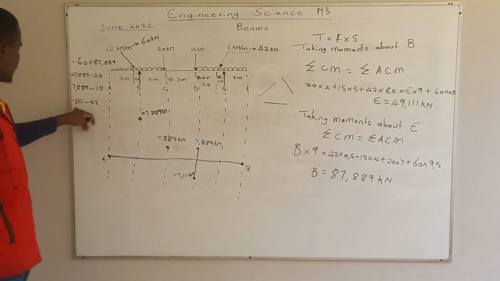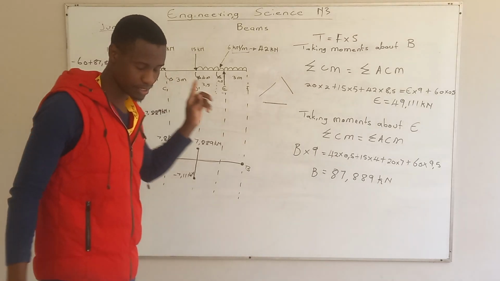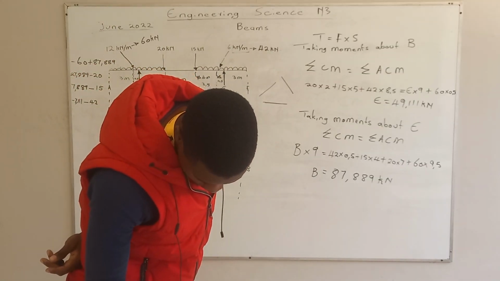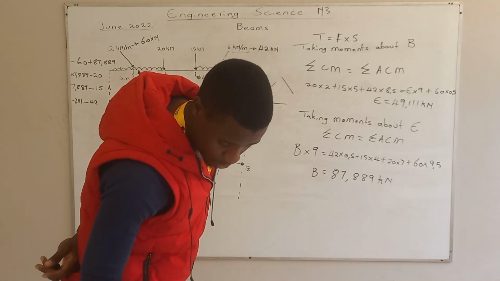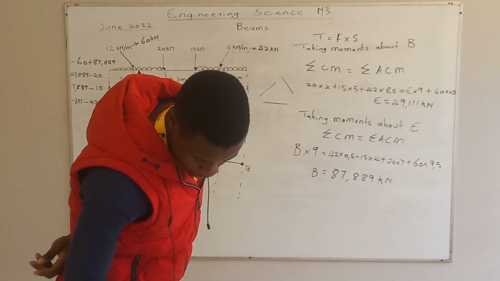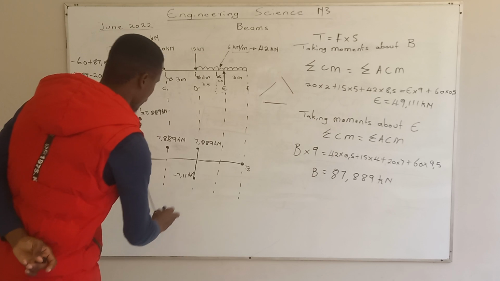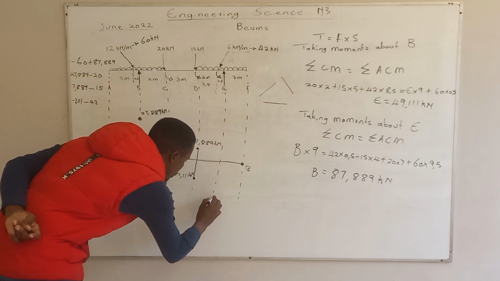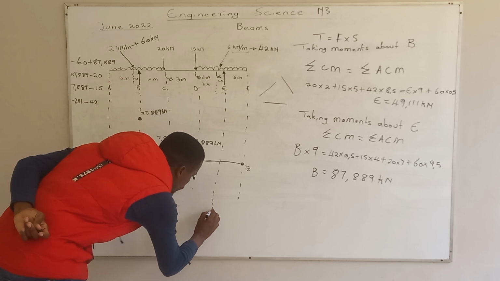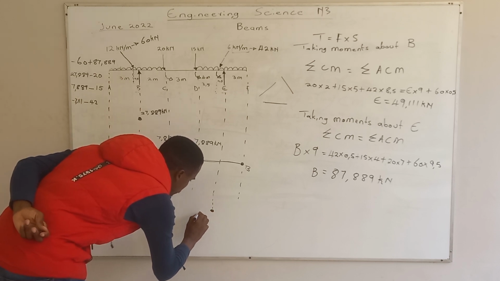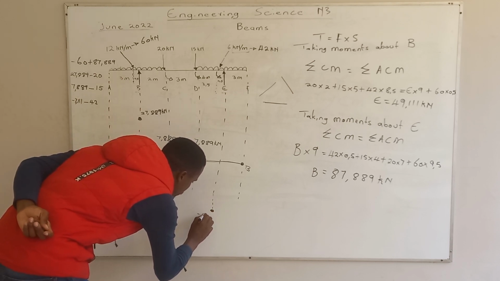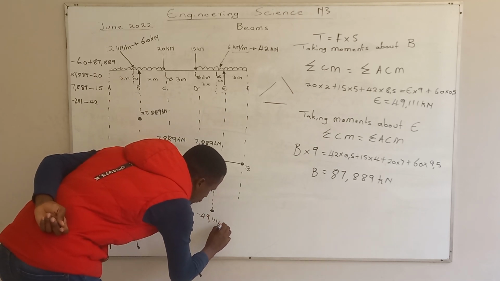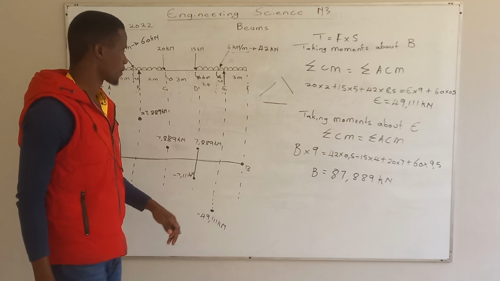So negative 7.111 subtract our UDL, which is 42, then we get negative. So from this one, and then we go to the next force, which is our E, let's just say it goes down there. It gives us negative 49.111 kilonewtons.